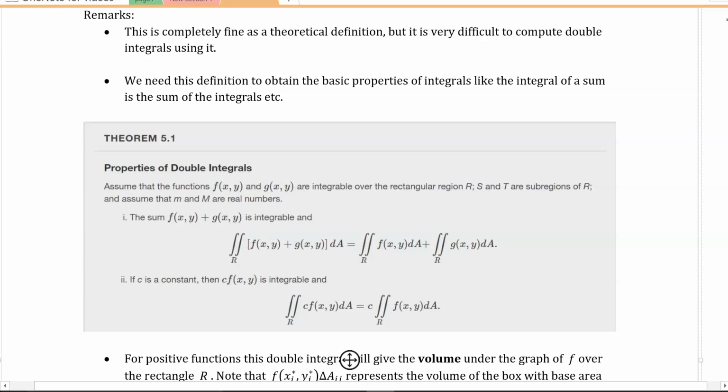And the main two that I have listed here, taken from the OpenStax book, are that the double integral of a sum is going to be the sum of the double integrals. We can integrate term by term. And then the second one is that we can pull constant factors outside of an integral. So we've got a constant factor that comes along for the ride, in the sense that that constant factor can be pulled outside in front and brought along.